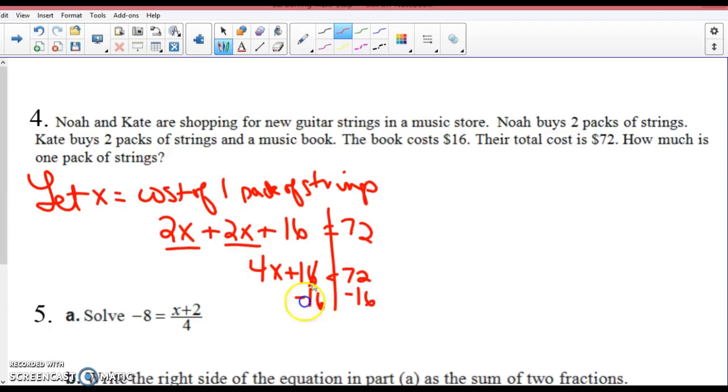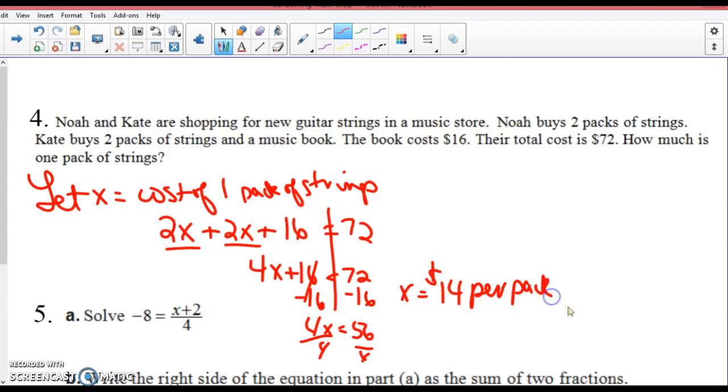Subtract 16 from both sides, and I get 4x is 56. Divide both sides by 4, and I end up with x is 14. So it's $14 per pack.